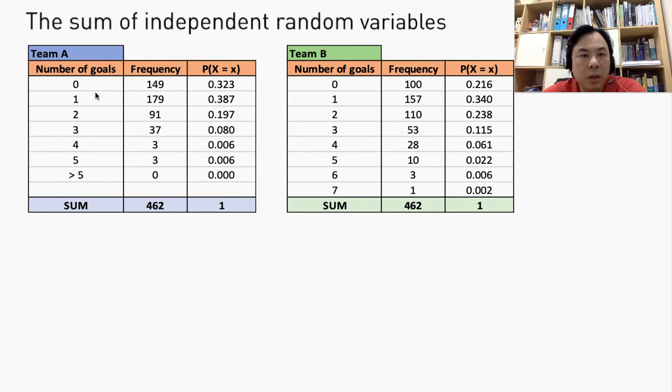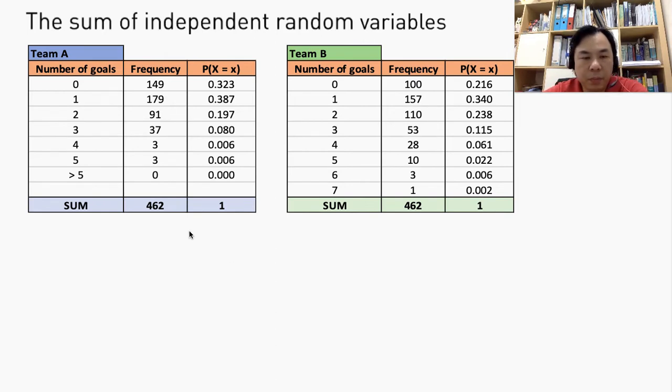So you can see that they did not score 149 times. The chance of not scoring is 0.323 here. So it seems like Team B is doing much better than Team A based on the raw result here.